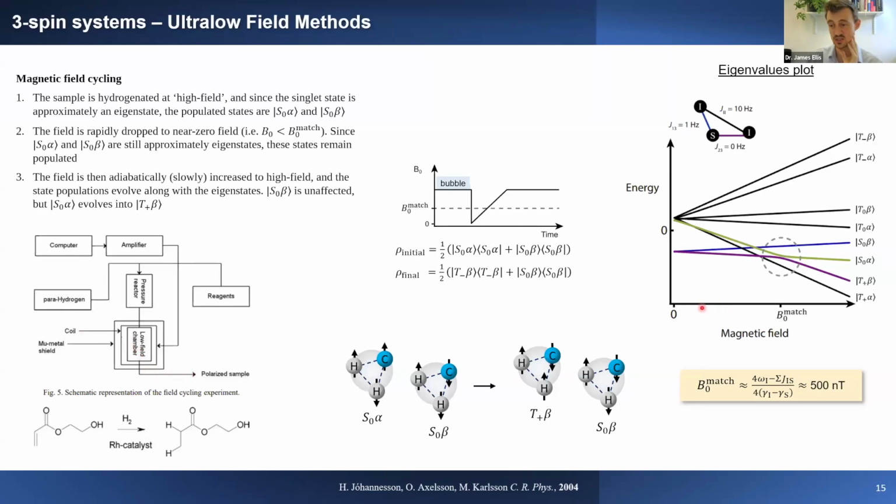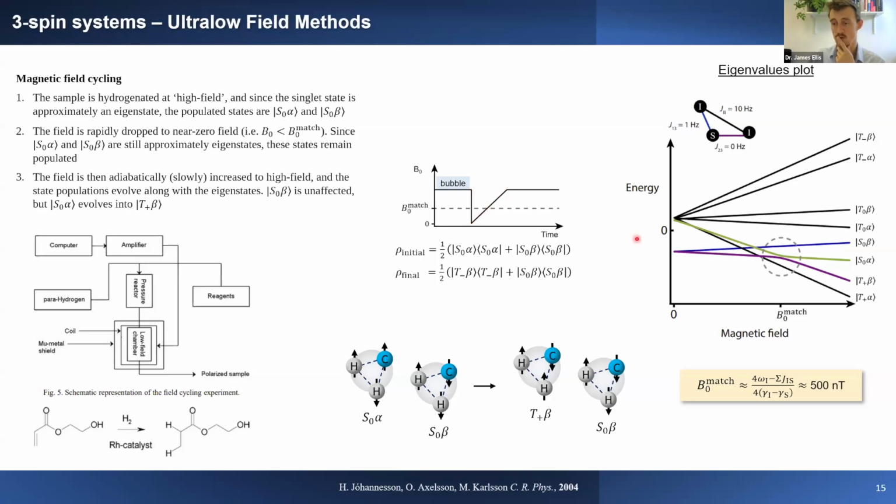These field changes can be implemented, and so here's a diagram of how the experiment can look. We do the bubbling to hydrogenate the molecule at some reasonably high field, and then drop the magnetic field close to zero, and then ramp it up slowly.